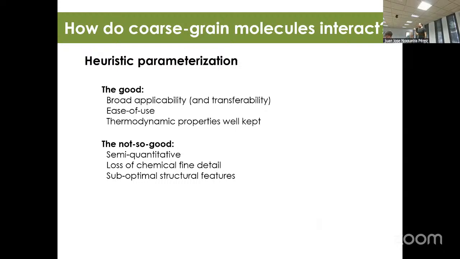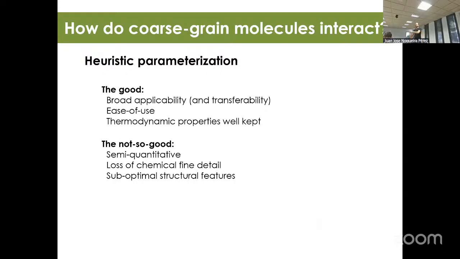If you have one bead representing a chiral group, a bead that doesn't have up, down, left, or right, you're not going to be able to represent chirality. Or if you have very fine H bonding patterns, it's one particle. The particle doesn't have directionality for H bonding, so that's not going to work so well. And so this might lead to suboptimal structural features.